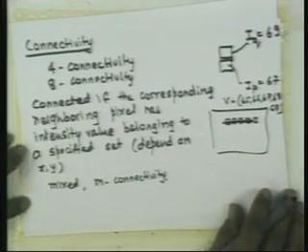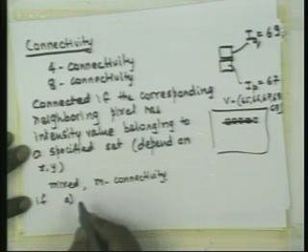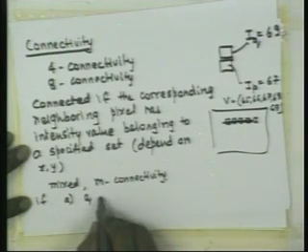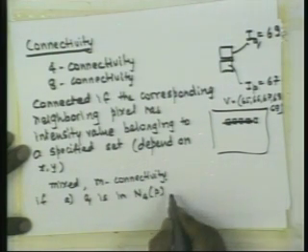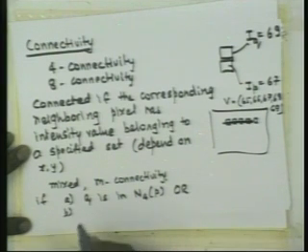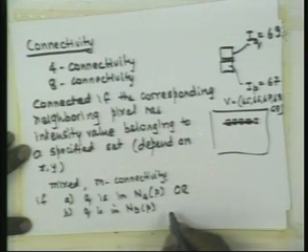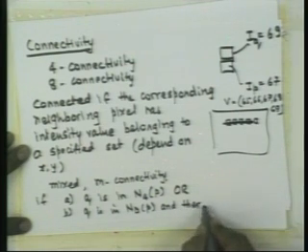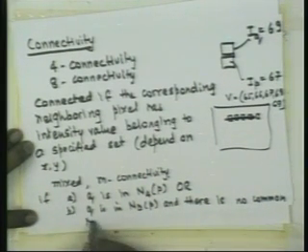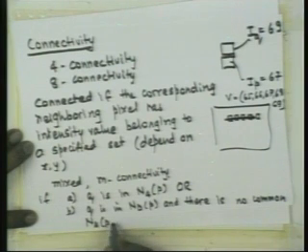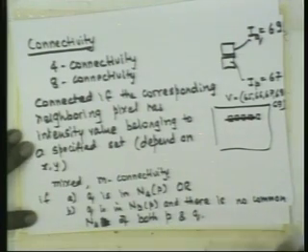In this case you have an M connected region if firstly Q, which is the neighboring pixel, is in N4 of P, or Q is in diagonal neighborhood of P and there is no common N4 of both P and Q. I think I need to illustrate this.